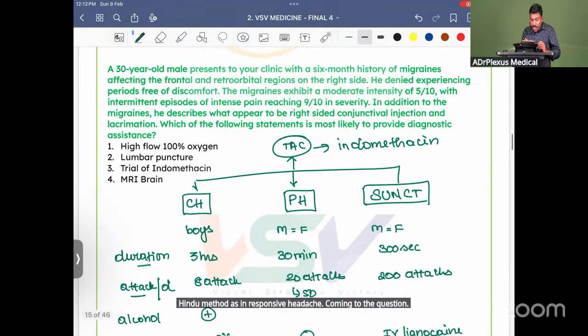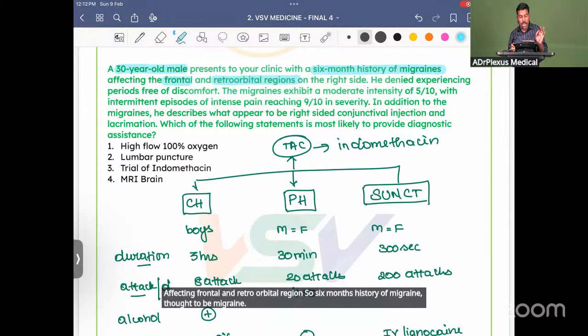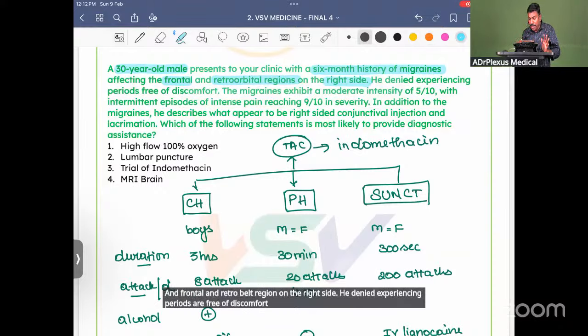A 30-year-old male patient, 6-month history of migraine affecting the frontal and retroorbital region on the right side. He denied experiencing periods free of discomfort. The pain is of moderate intensity, 5/10, with intermittent episodes which are very intense, reaching 9/10 severity.